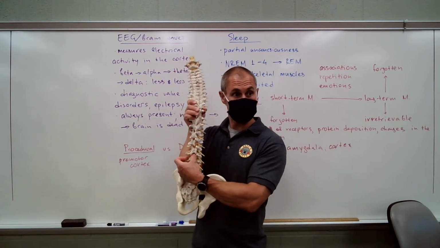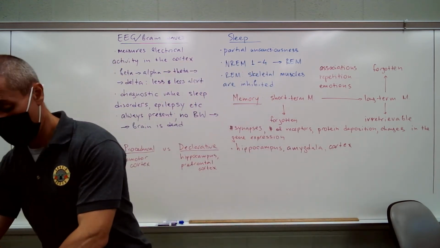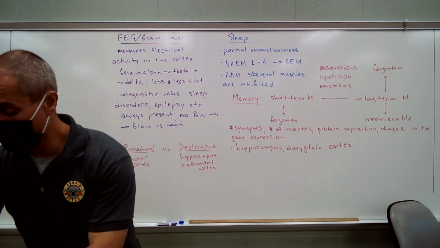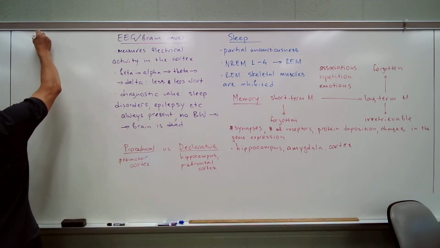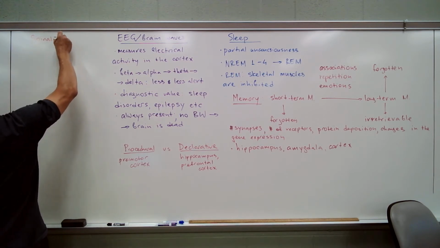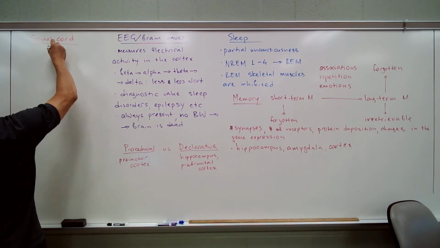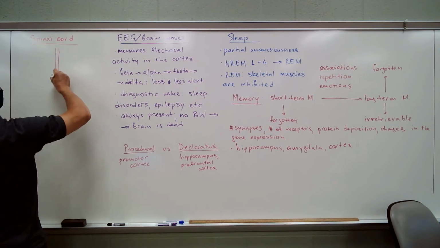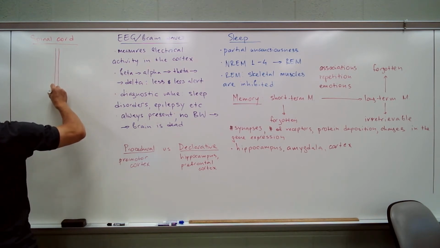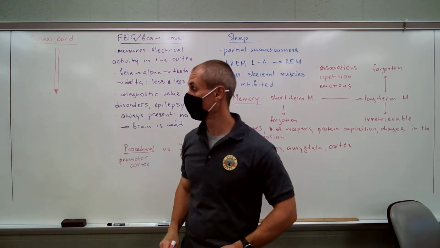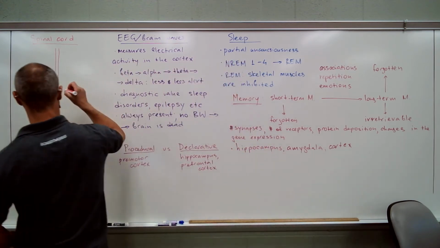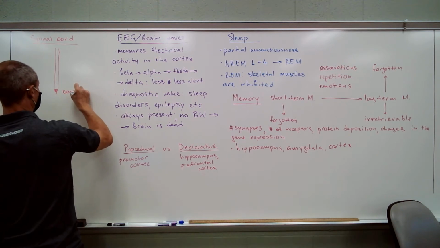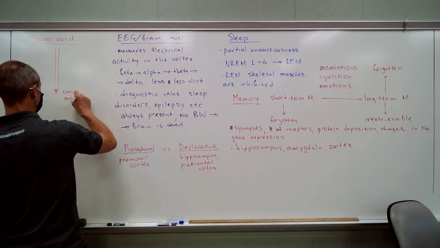Right about here, this is what happens to your spine. So this is the cord. It ends with this cone-like structure called conus medullaris.